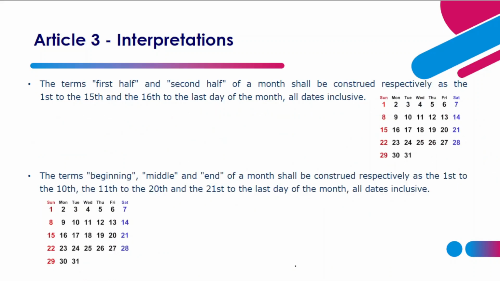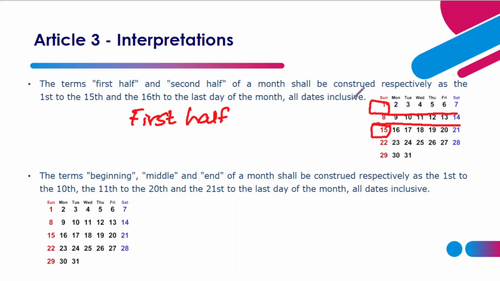Next, the terms first half and second half of the month shall be construed respectively as first to the 15th and 16th to the last day of the month, all dates included. So, if a document says shipment needs to be done by the first half of February, which means from the 1st to the 15th, any day in between shipment can be done.